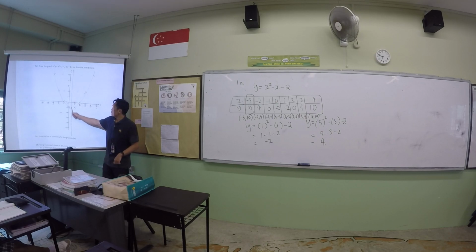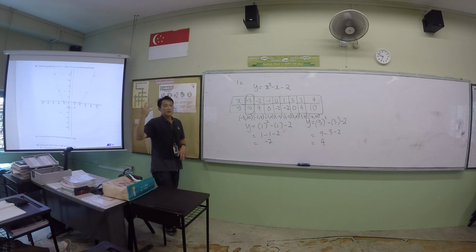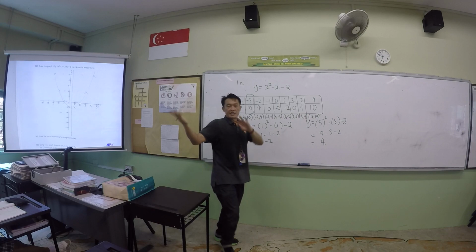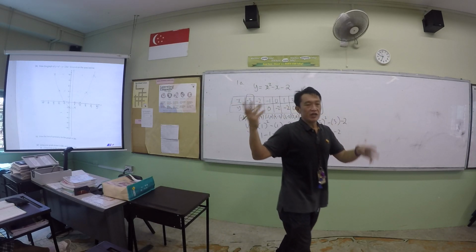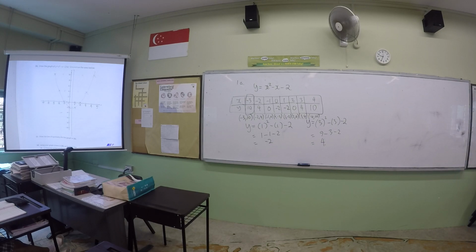So they are asking you to draw this straight line. Line of symmetry. Symmetry means the same. So like your mirror. Line of symmetry is like your mirror.